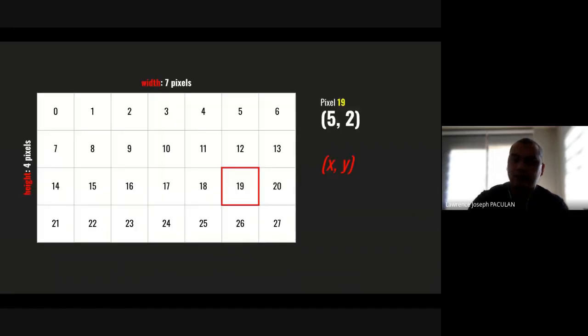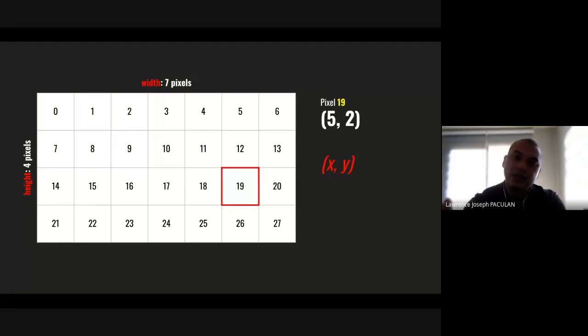Going back to the latest example, we were given 5, 2, and we reached the decision that that's pixel 19. Of course, we can do this manually given a small image.